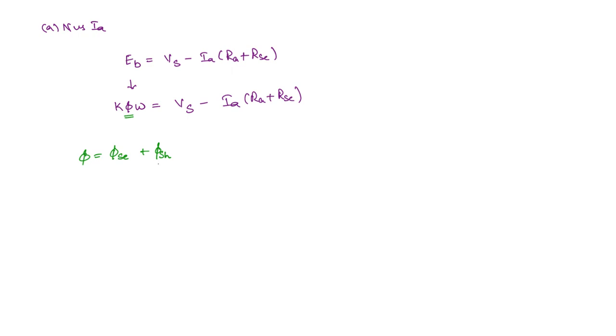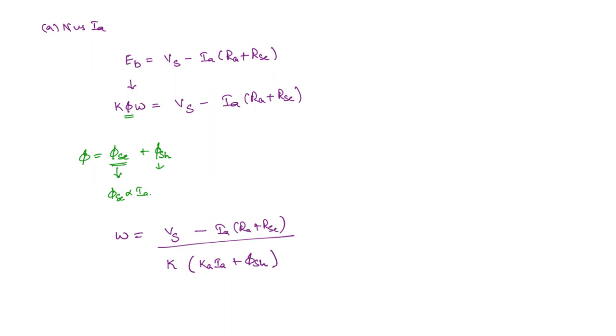The shunt winding flux is independent of the armature current. But the series winding flux is dependent on the armature current. It is directly proportional: the more current that flows through the winding, the more flux is produced. So now omega you can write in terms of the current as omega is equal to Vs minus Ia into Ra plus RSE divided by K into Ka into Ia plus phi Sh.